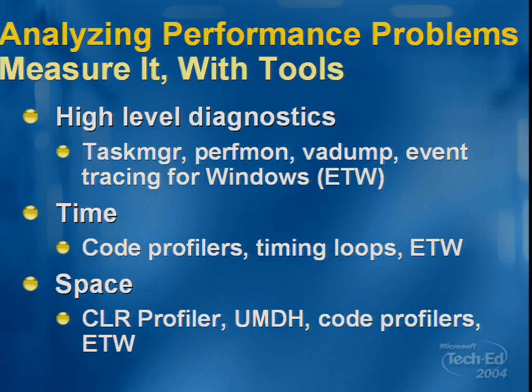Once you see that perfmon tells you there's a high CPU utilization and even the task manager confirms that, then you need to go and drill deeper. One of the tools that we use is a sampling profiler, which we have started building right into Visual Studio Team System 2005.